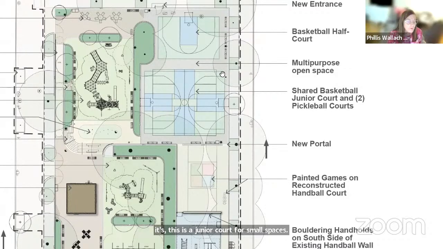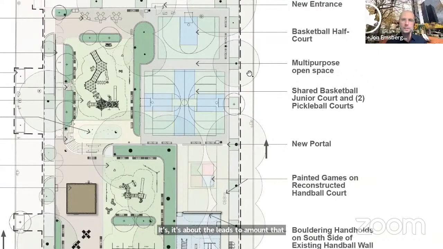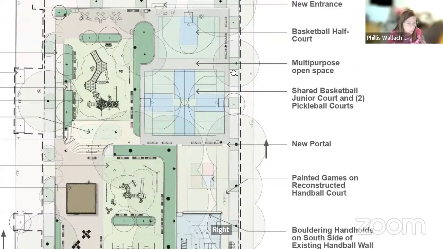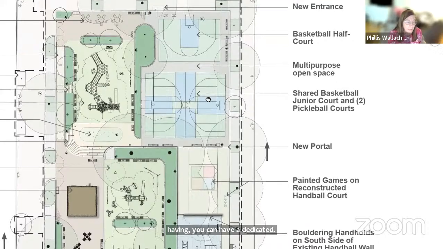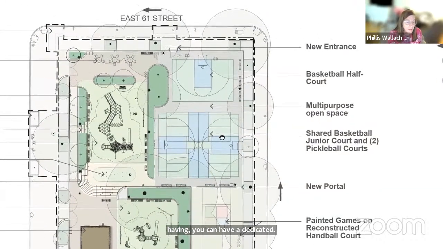But if you had moved the basketball court north, if you had moved those two posts north, and then had the pickleball courts below that, you don't think that's a better solution than putting everybody on top of each other? This way you could have a dedicated basketball court and a dedicated pickleball court, and then that space where the basketball court is could become multi-purpose.